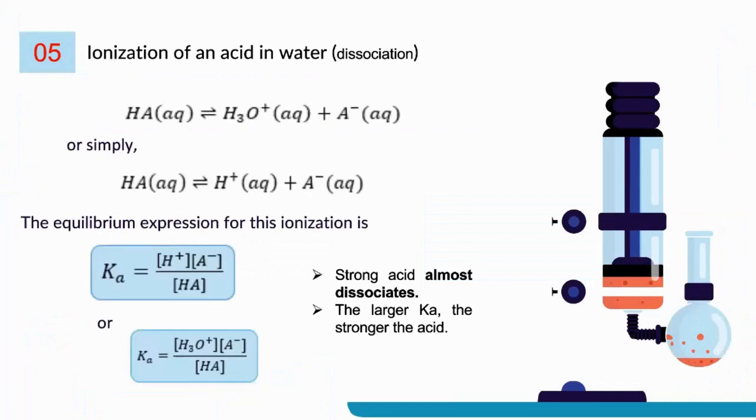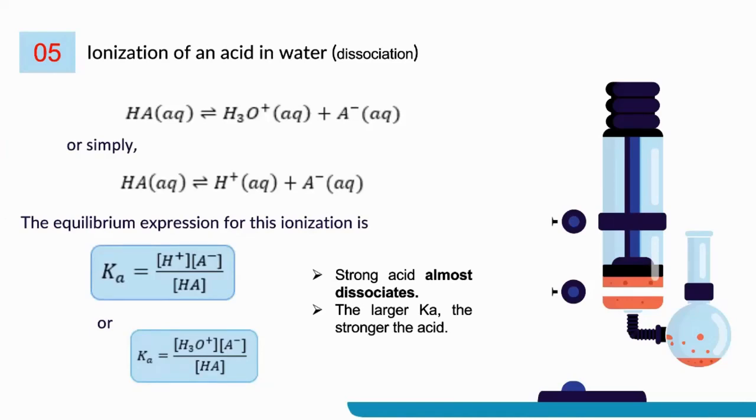In the ionization of an acid in water, a monoprotic acid ionizes into hydronium ion and conjugate base A-, or simply, it turns into this reaction: the monoprotic acid ionizes into hydrogen ion and conjugate base A-. The equilibrium expression for this ionization uses Ka, the ionization constant for acid.